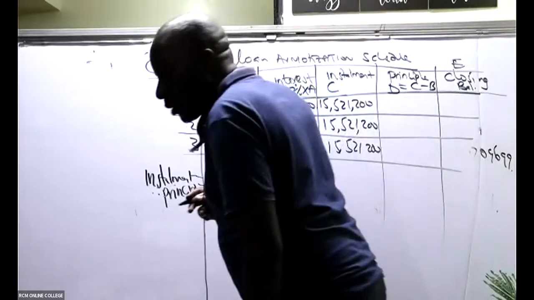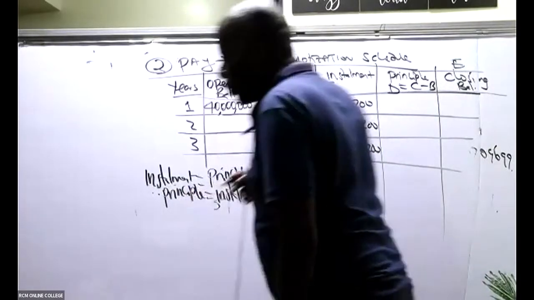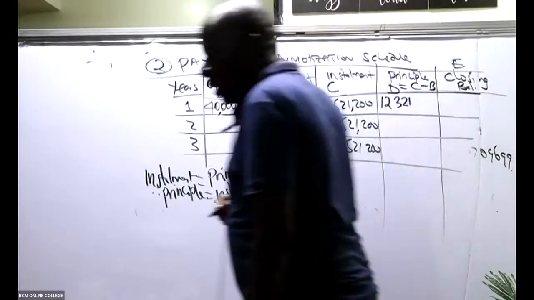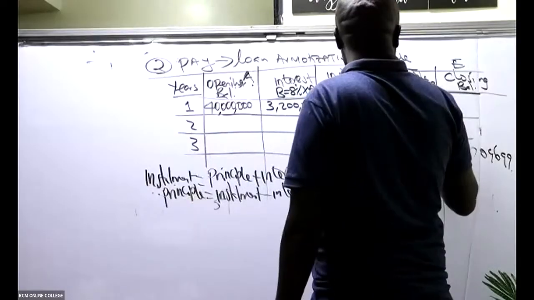A great ninja here called Hope says 12,321,200. Thank you so much.